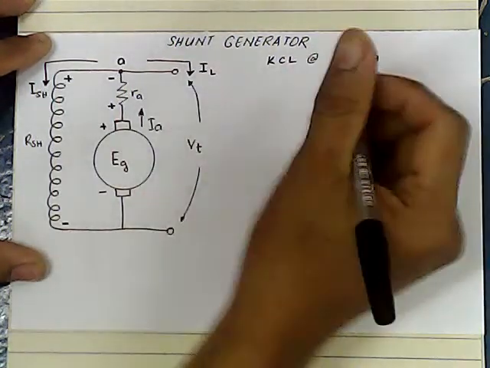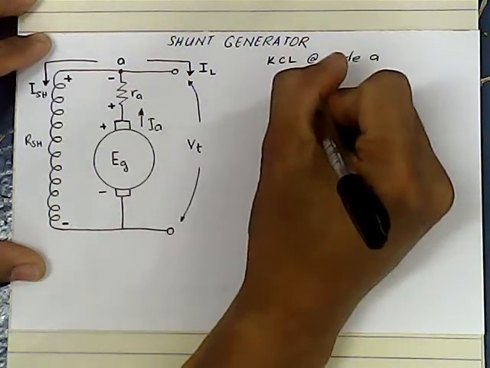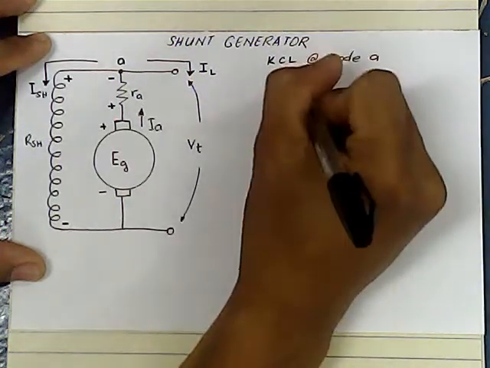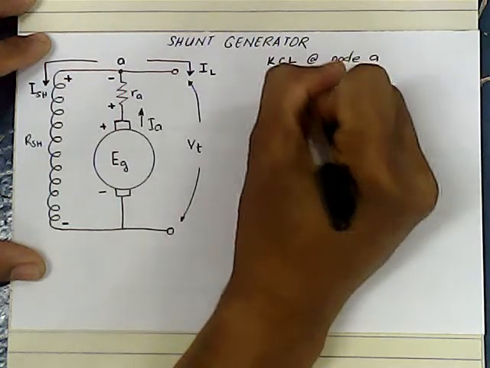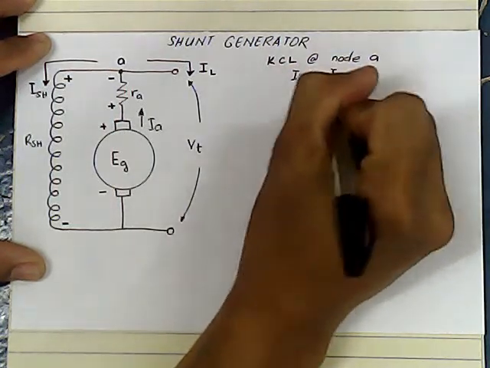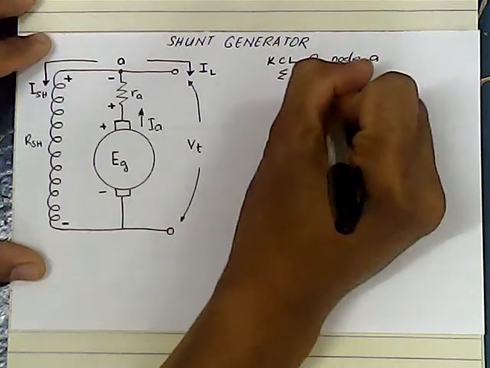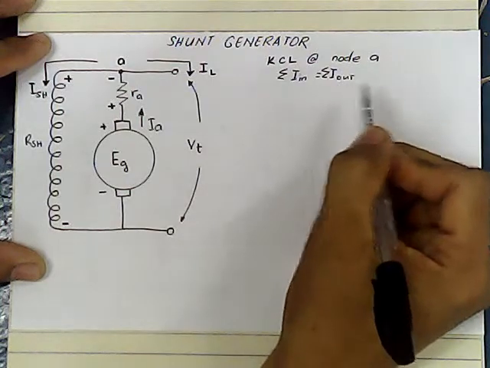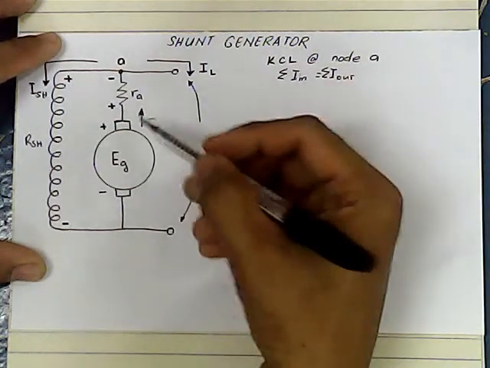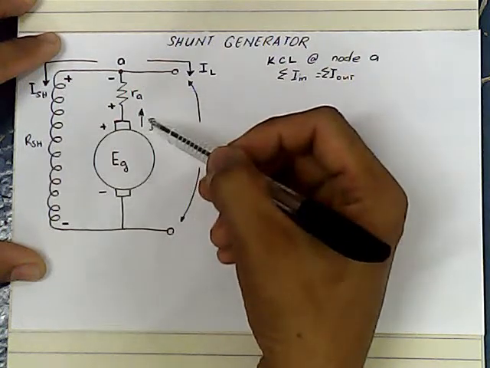So, again, when it comes to Kirchhoff's current law, pagdating sa tinatawag din natin itong nodal analysis, that is just the current in is equal to the current out, or the summation of current in is equal to the summation of current out. So, ang pumapasok na kuryente lang dito sa node na A is IA.